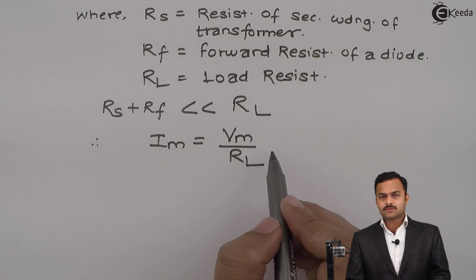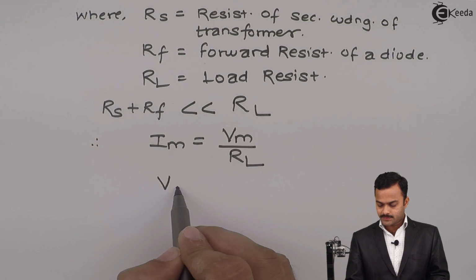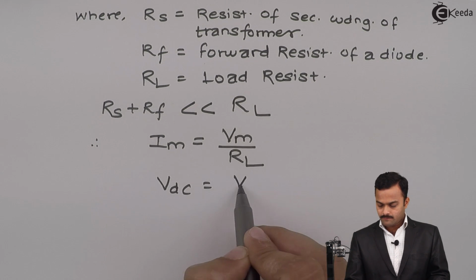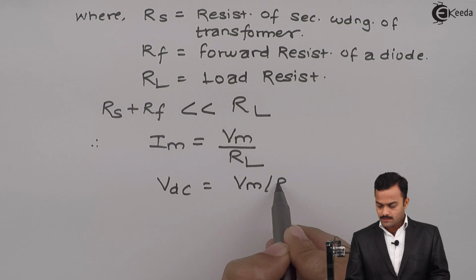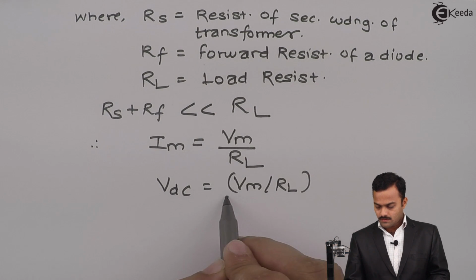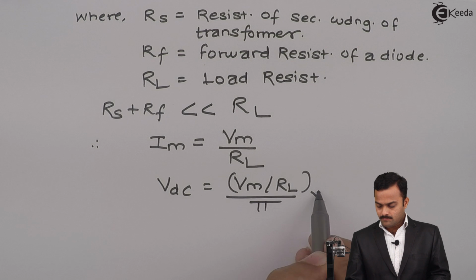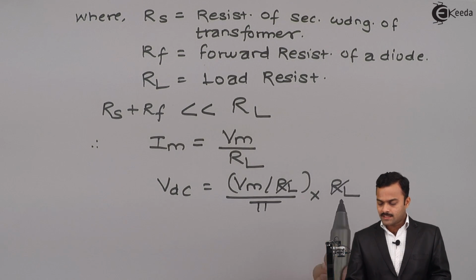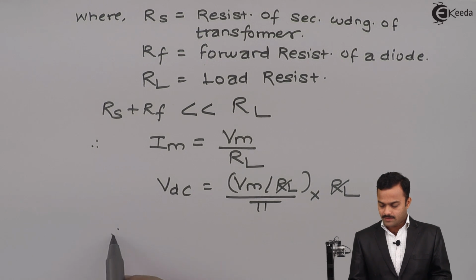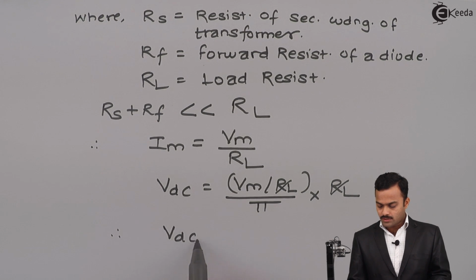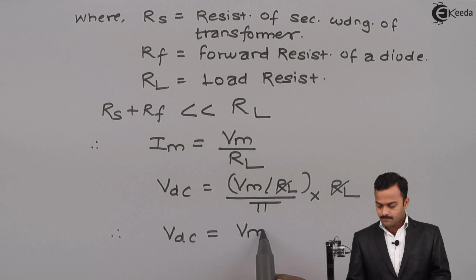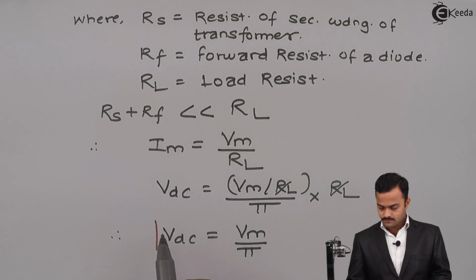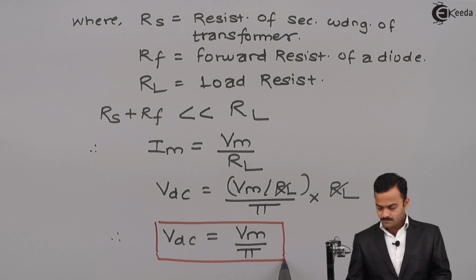And if I substitute this value in Vdc expression, it will be Vm upon RL upon pi multiplied by RL. So this RL and this RL will get cancelled, and ultimately output DC voltage will be Vm upon pi. Now let us see rectifier efficiency.